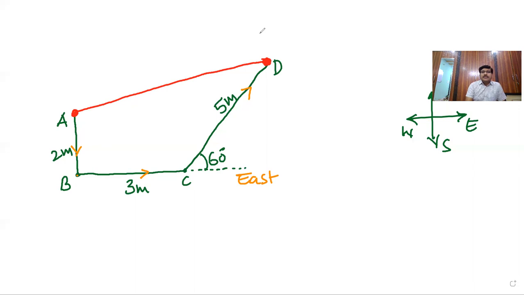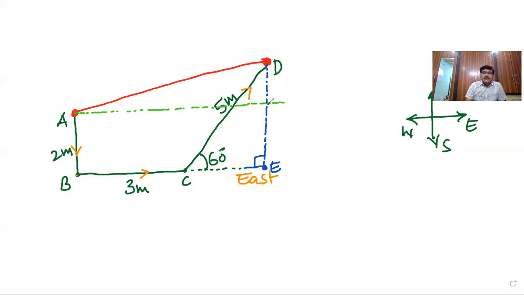From simple mathematics, if I draw a line parallel to the ground, parallel to BC, and if I draw a perpendicular from D down to the ground, let us say I give it the letter E, DE perpendicular to the ground.